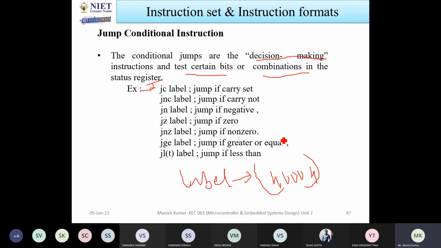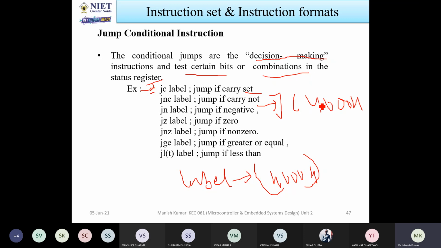Now, when we are talking about JC label, it means jump if carry is set. Whenever in the status register the carry flag is set, then this jump will occur. Let us consider I have written the example JC 400H. So at the time of executing this instruction, it will check the status register.